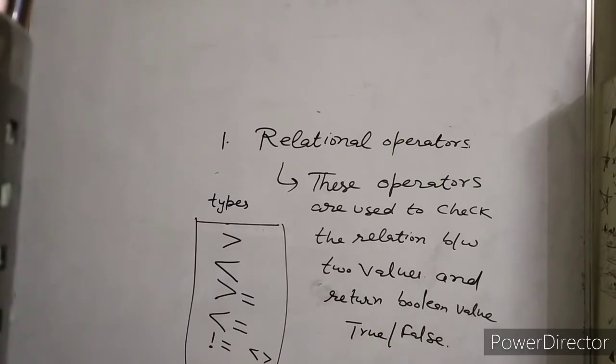Greater than means if I am checking a condition like price is greater than 1000, or price is more than 1000. Clear? Less than, you all know, they are all mathematical symbols. Greater than equal to means either greater or equal. Less than equal to means either less or equal.